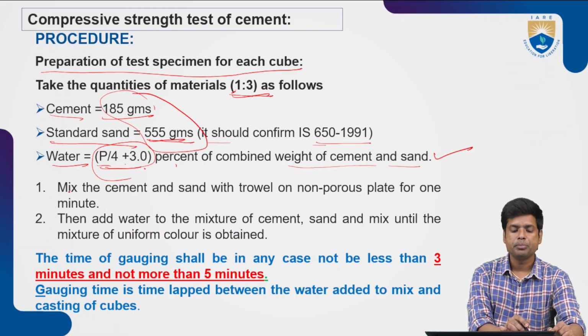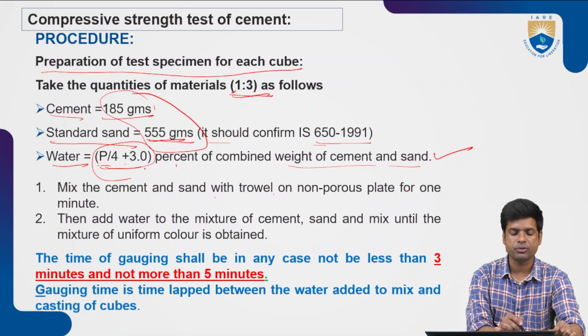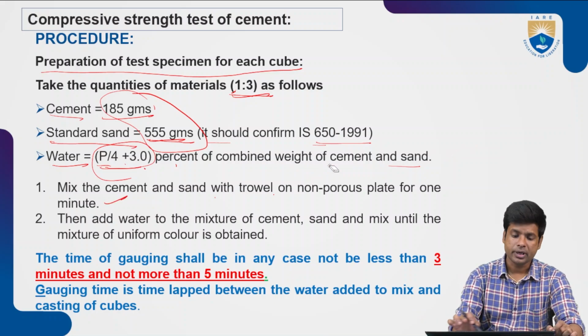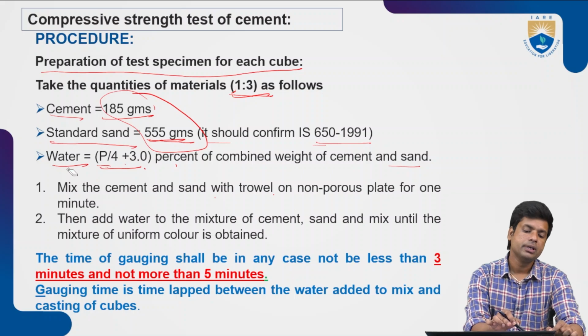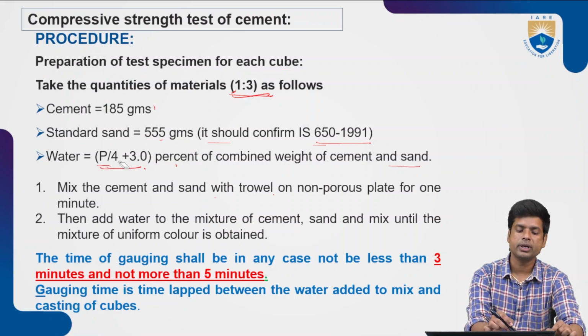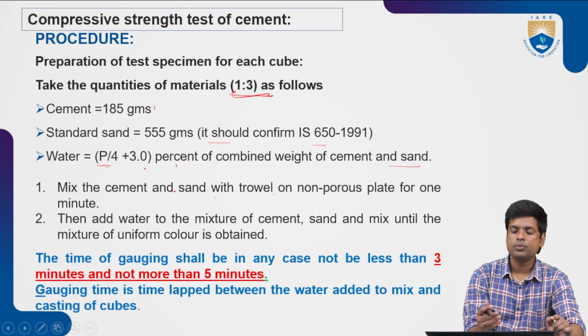Now mix the cement and sand with a trowel on a non-porous plate for 1 minute. After getting the weight of the water content, we have to mix the cement and fine aggregate with the water and prepare a consistent cement mortar.